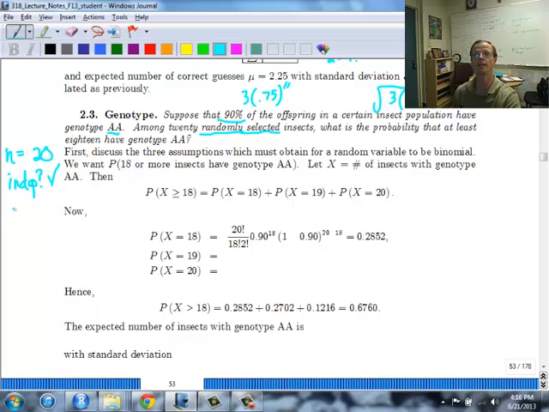And then does each trial have the same probability of success? So probability of success, we're going to define that as genotype AA. So the probability of AA is 90%. So we assume that for a particular insect, there's a 90% probability that they've got genotype AA.